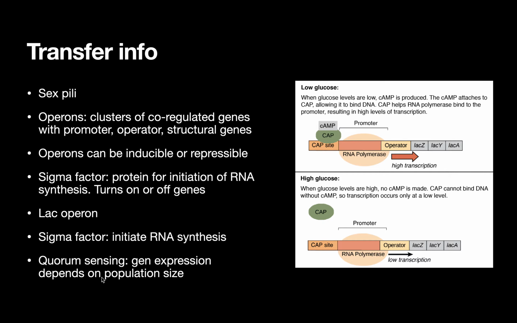Quorum sensing is a unique feature of bacteria where it can regulate expression depending on the population size. So if the population is too big for the host cell to be able to make enough products or proteins for the bacteria, it will inhibit replication. So it depends on the amount of resources.